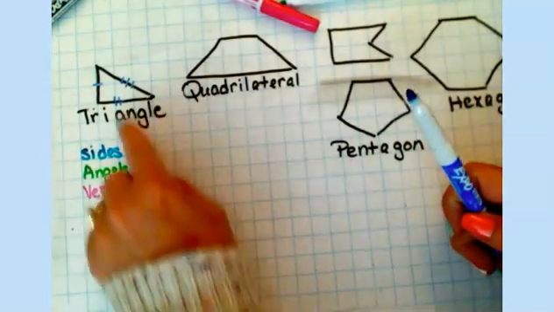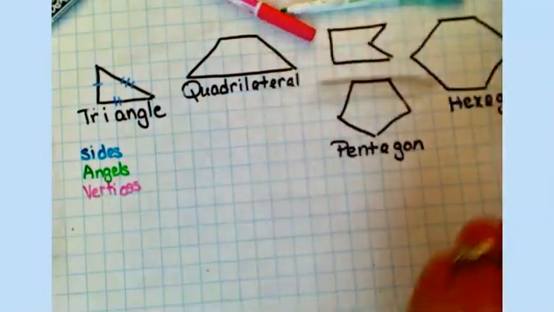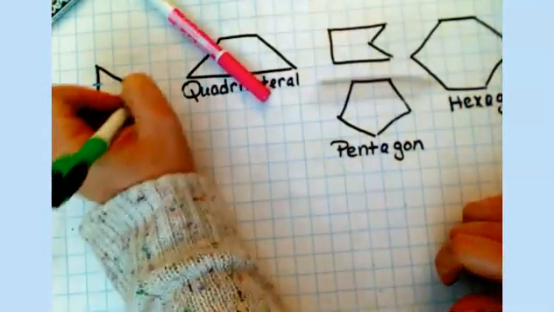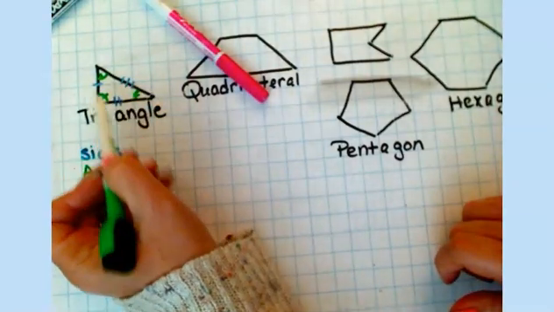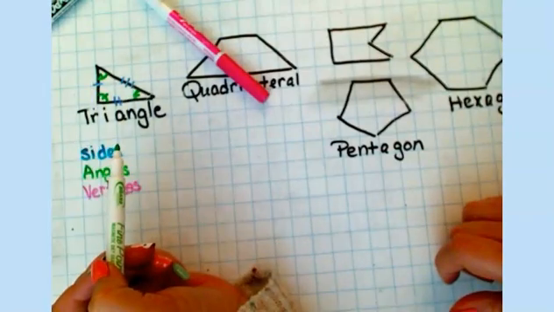Now, our blue is going to be our sides. So let's take a look at our angles. Those are the inside ones. All right, again, this is our inside. So we have 1, 2, 3 sides, and we have 1, 2, 3 angles.